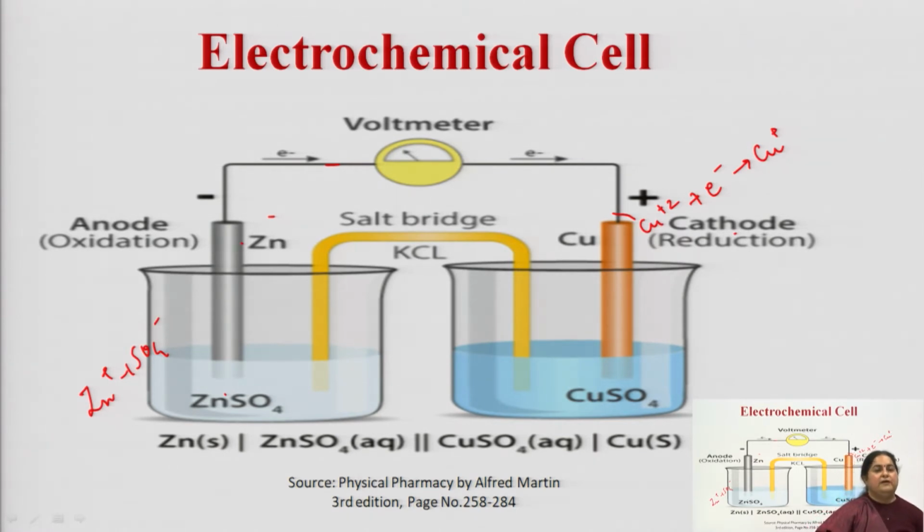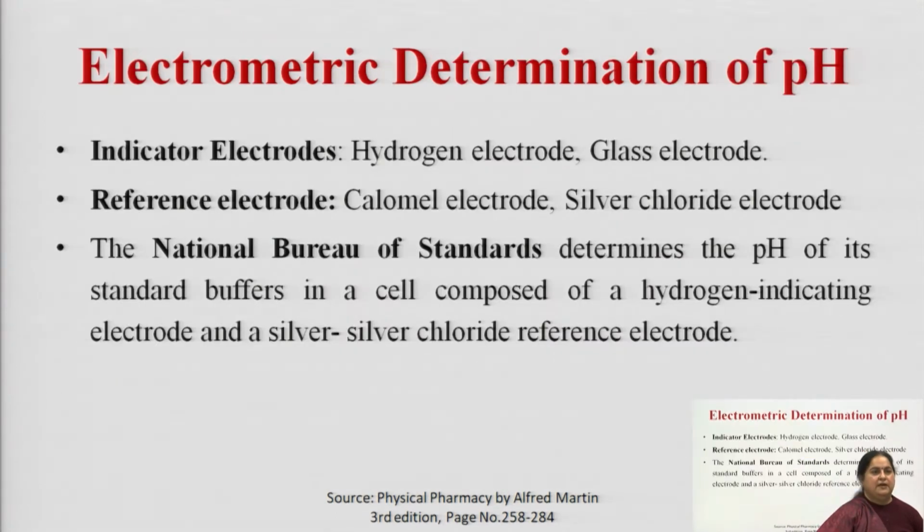The electrometric determination of pH depends on the principle of this electrochemical cell, right. We can use such electrodes for the determination of pH whose potential is altered by the hydrogen ion concentration, right.